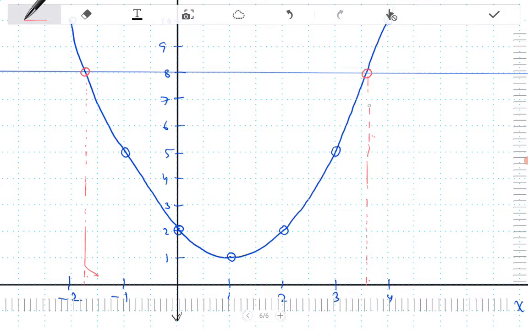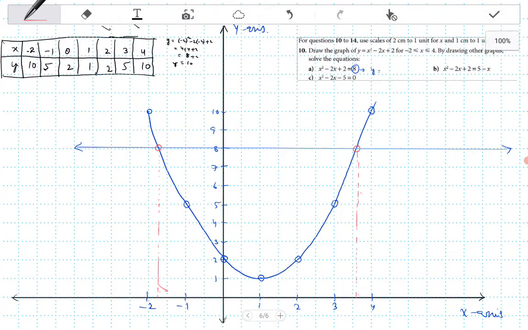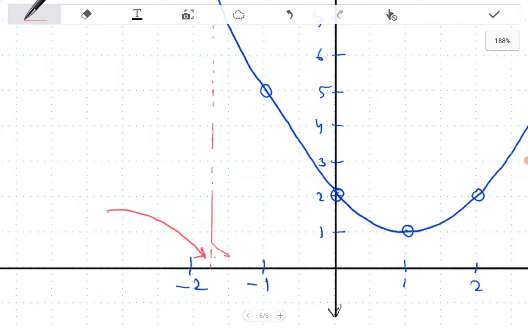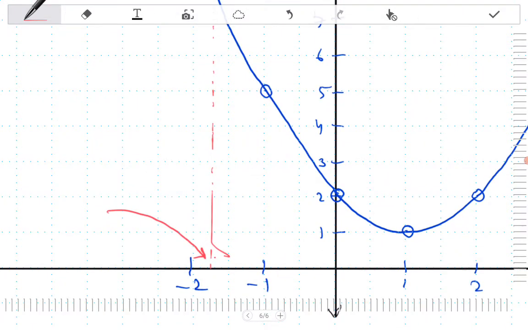Actually on the screen it's very difficult to sketch, but the value is coming somewhere over here. These are actually two points along the x-axis which are the solution of this equation in part A. What are these values? I can enlarge it, but you cannot. But your graph has proper grids, so you can easily read it.